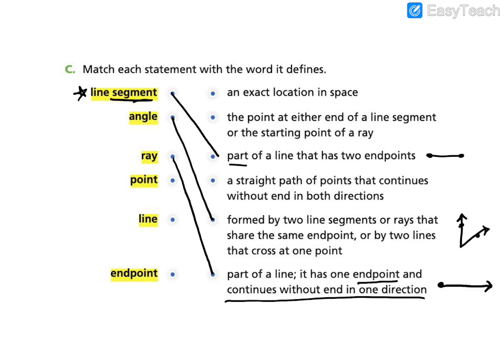All right, so what is a point? A point is just the exact location in space, right? So we had that in that first one. We can find points along a line.